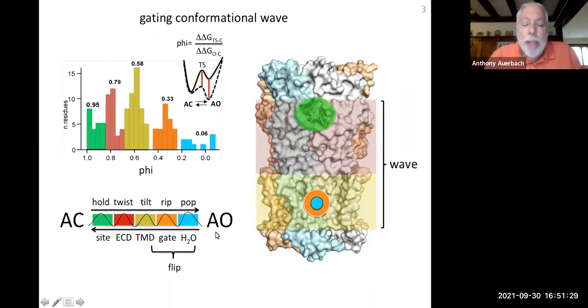Recently there's been a detection of a very fast event called flip. It's a glitch of about 5 microseconds that probably represents something happening in this transition state. We think phi is a much better way to measure the structure of the transition state rather than direct detection. Flip, however, gives you time information, which phi does not.